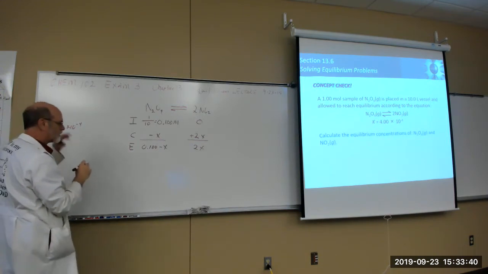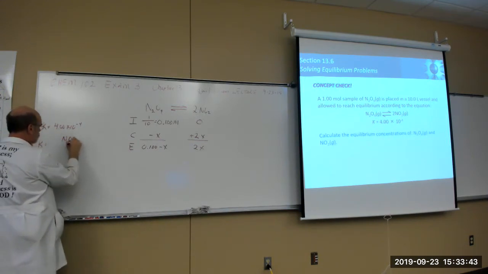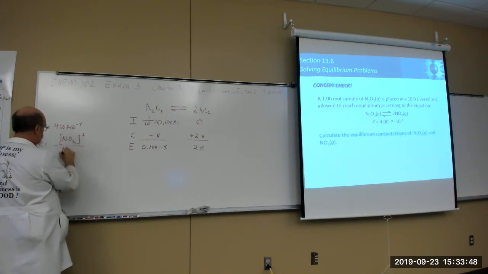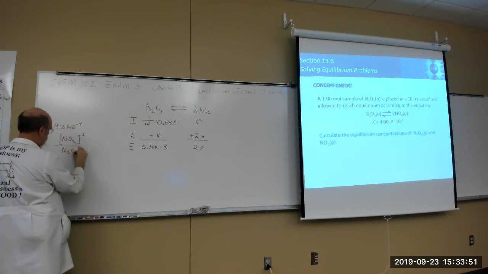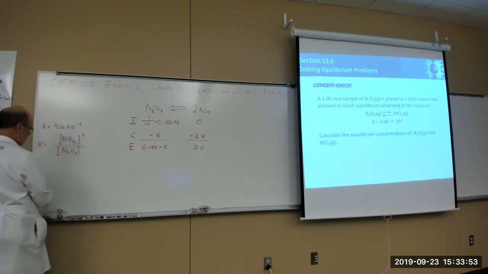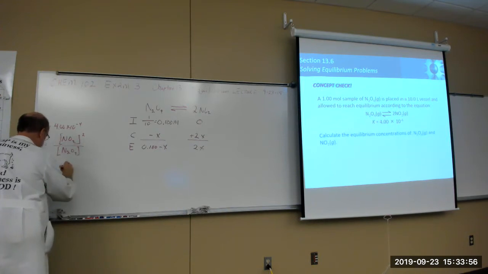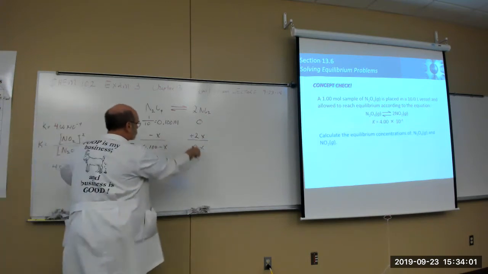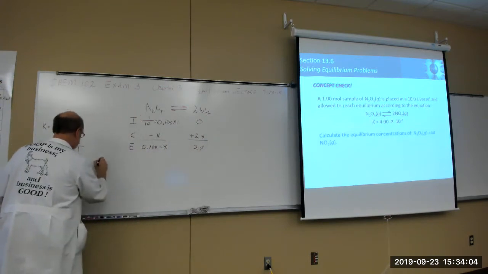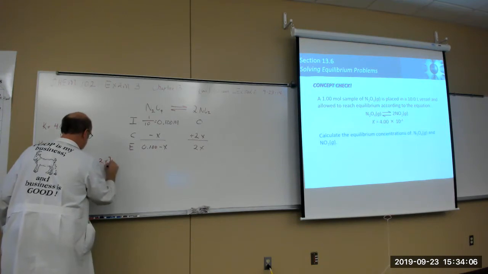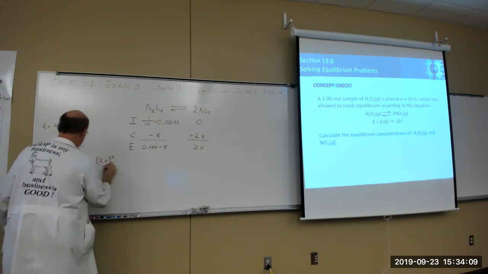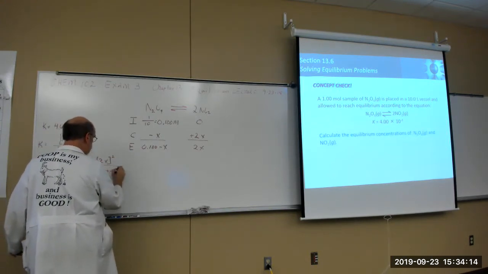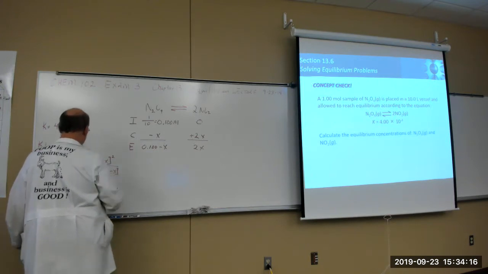That value is equal to NO2 squared divided by N2O4, so it equals 2X squared divided by 0.100 minus X to the first power.